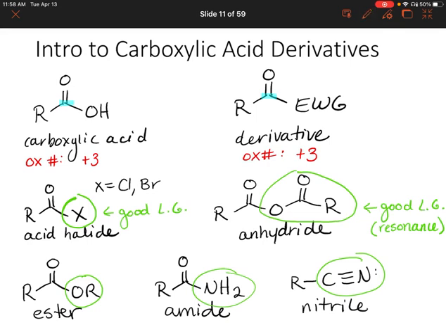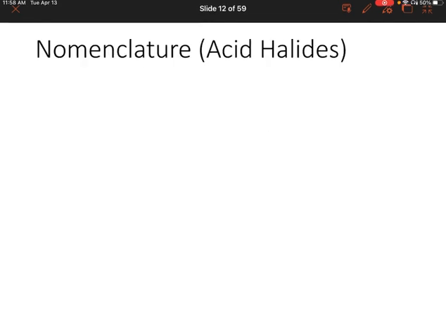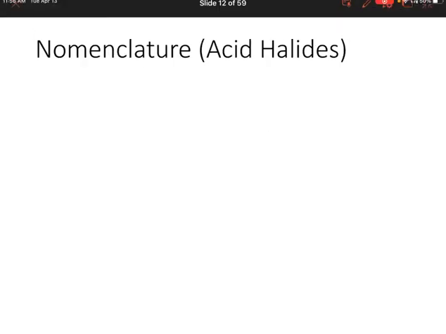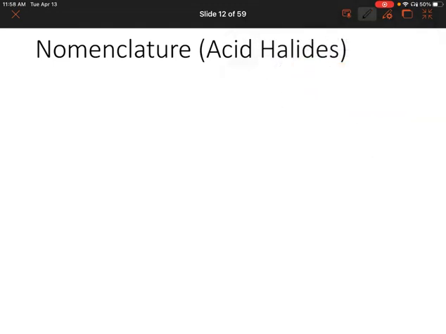In this lecture, I want to focus on nomenclature for all of these different derivatives. So let's start with acid halides. So last time we discussed naming carboxylic acids. So we said that this molecule is called hexanoic acid.